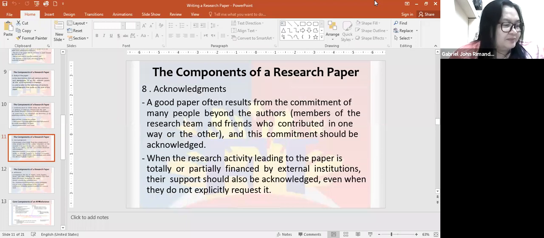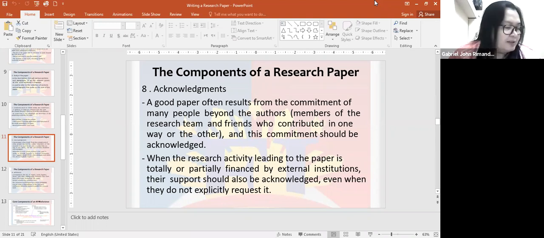Next one, acknowledgements. A good paper often results from the commitment of many people beyond the authors. These are members of the research team, friends and colleagues who contributed to the success of your paper. So this commitment should be acknowledged in your acknowledgement page.